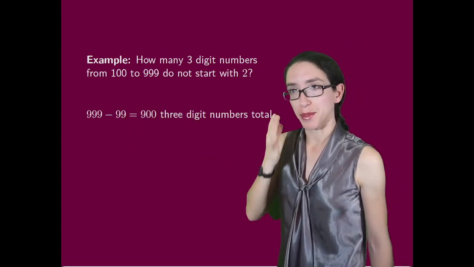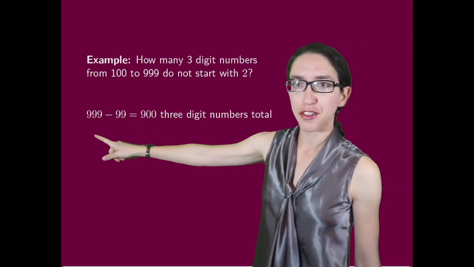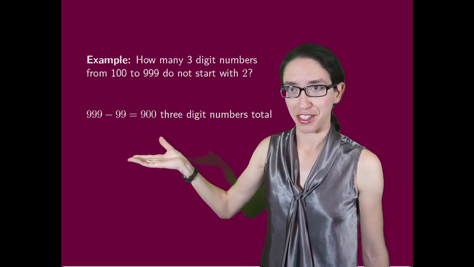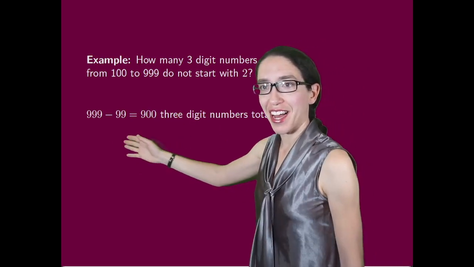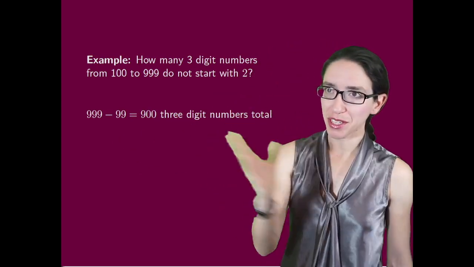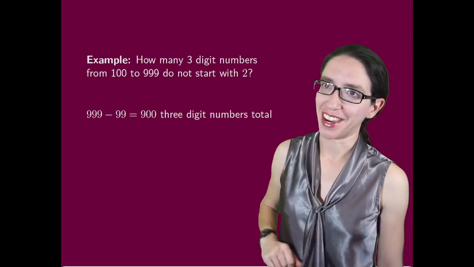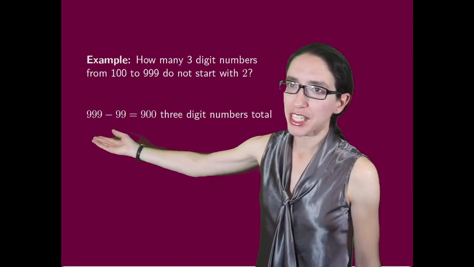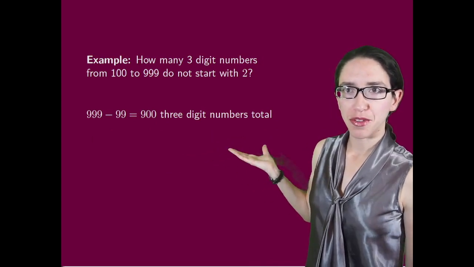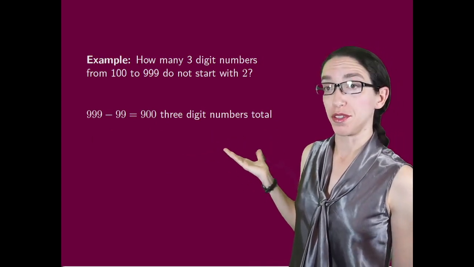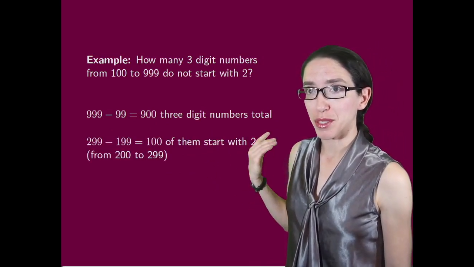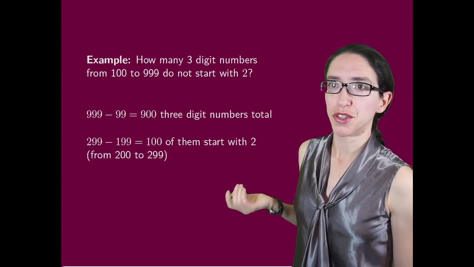And that's also by the subtraction principle, because there's 999 numbers from 1 to 999, and then there's only 99 from 1 to 99, and you get rid of all those, and what's left? The numbers from 100 to 999 exactly. So we subtract off that 99 and we say we have 900 3-digit numbers total to start with. And then we want to subtract off the ones that start with 2.